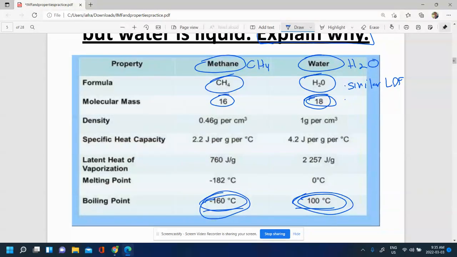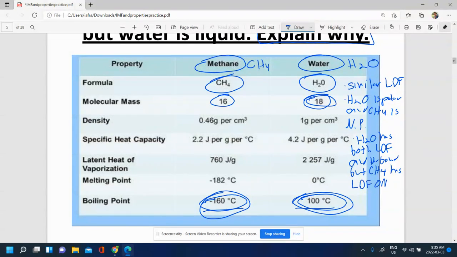Well, as you might notice, water is polar and methane is non-polar. I'm going to put NP. So water has both LDF and H bond, but CH4 has LDF only.